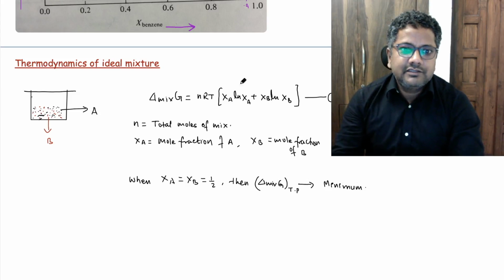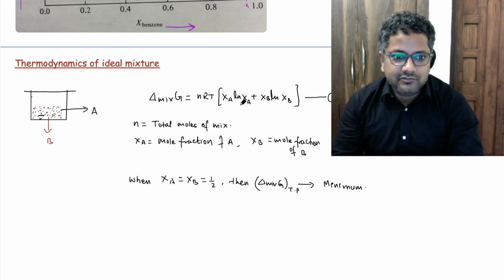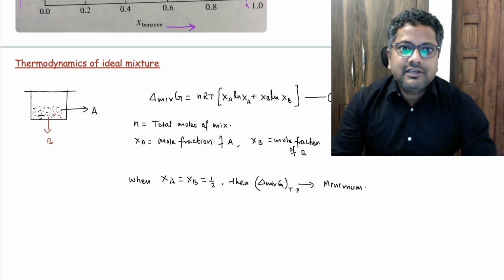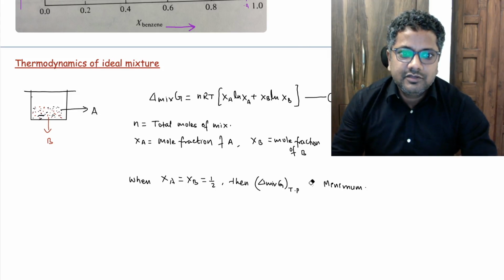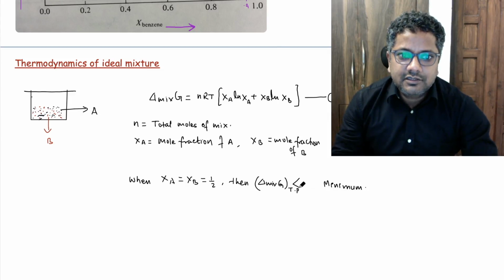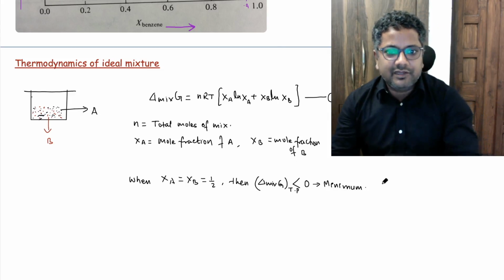And you can see mathematically from here also. So you can say this is minimum, meaning less than 0. It is less than 0. That is, this is the least value, the minimum value.